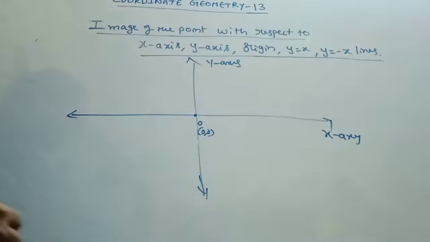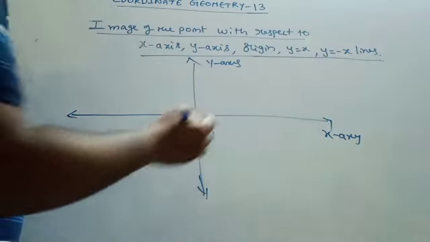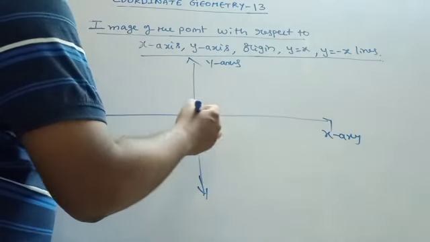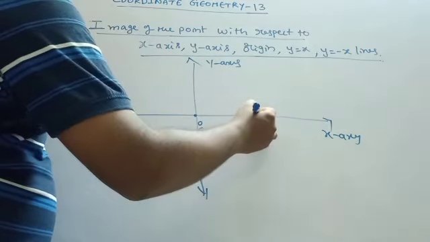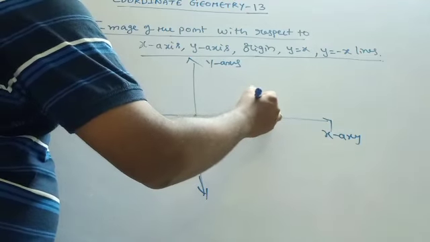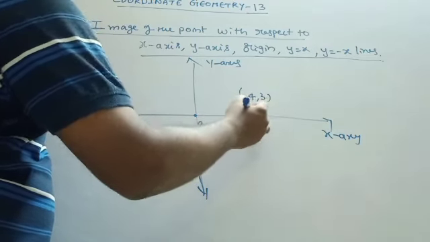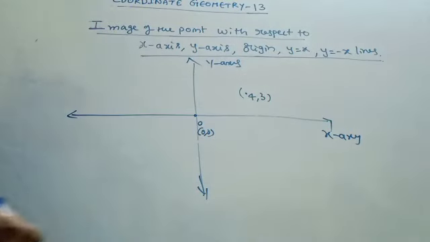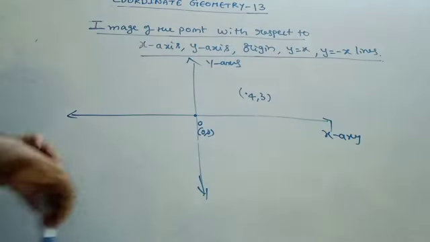Once we have one point, suppose you take any one point, something like 4 comma 3. 4 comma 3 is one point here.